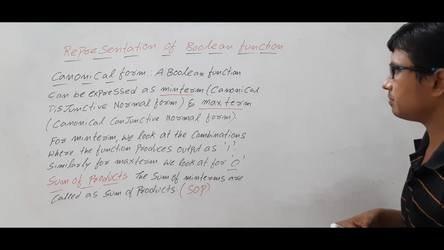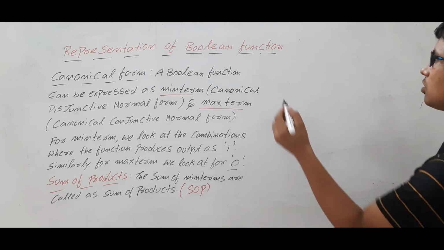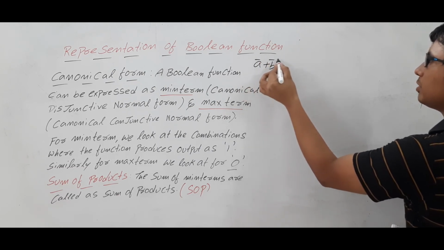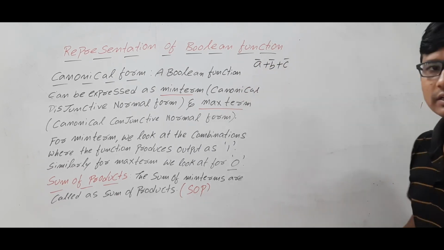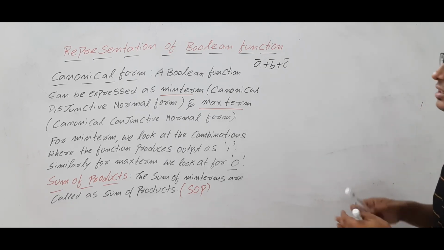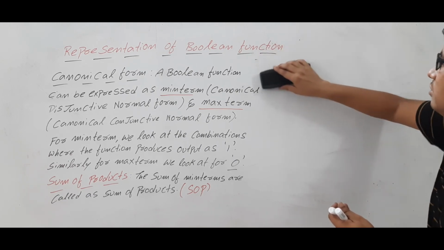Let me take a Boolean function: A complement or B complement or C complement. How many Boolean variables are there? We have 3 variables.